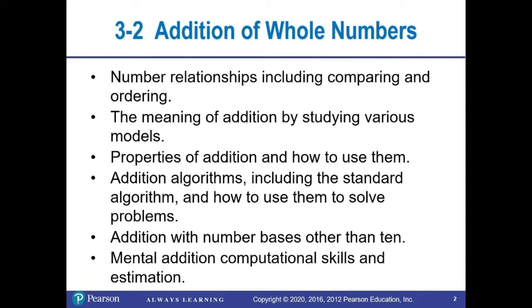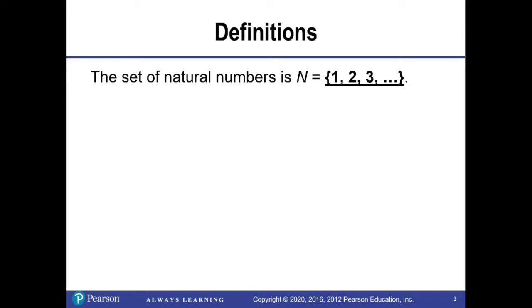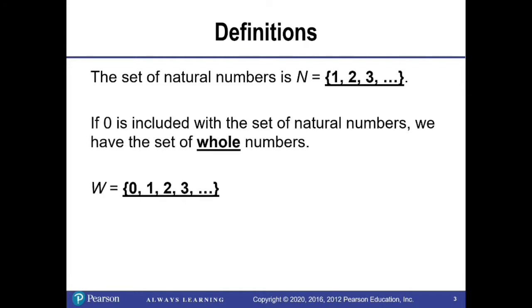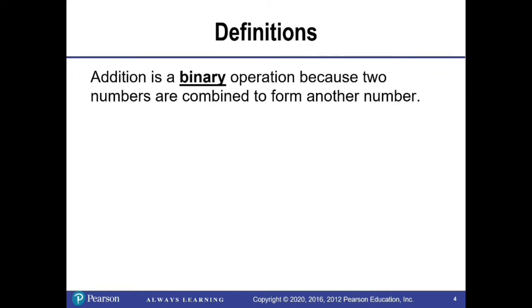Let's get started. As a reminder, the set of natural numbers is the numbers 1, 2, 3. These are our counting numbers. If we add 0 to this set, we have the set of whole numbers. Addition is what we call a binary operation because we have 2 numbers that are combined to form another number.